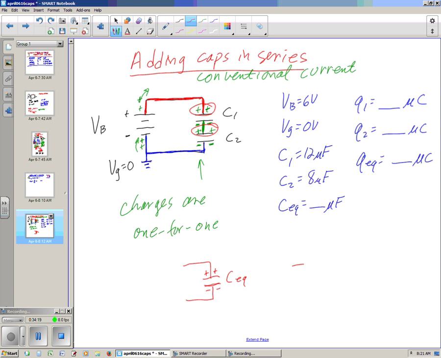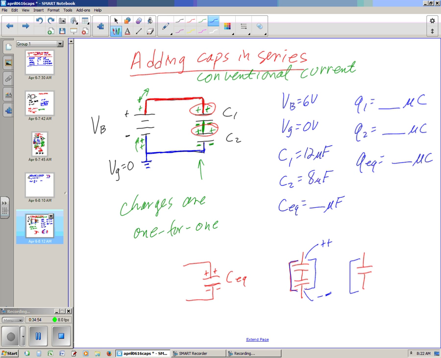So if we put this inside of a box, like so, and all you could see was the top of the capacitor inside that box, you would see 2 positives here, and you would see 2 negatives here. So that equivalent capacitor hiding in that box behaves exactly the same as if we just put 1 equivalent capacitor in that box.